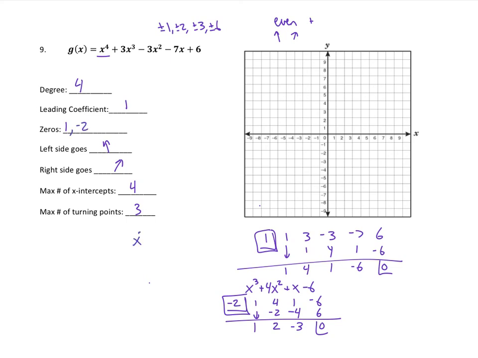We're left with x squared plus 2x minus 3. We're going to factor that, x minus 1, x plus 3. So we're going to get negative 3, and we also get positive 1.